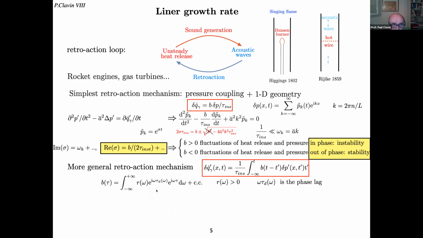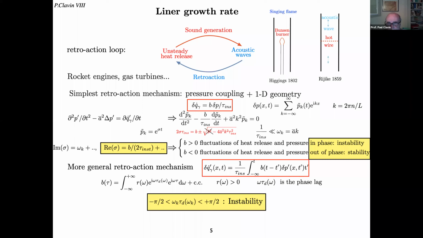It takes a more general form, and the result is the following: if the phase lag is between minus pi over 2 and pi over 2, you are in instability. It's quite understandable.